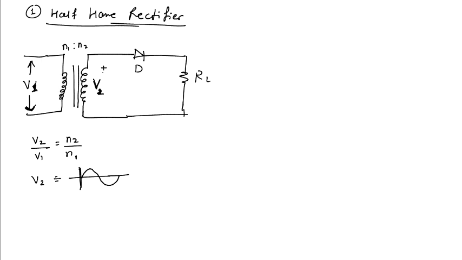When V2 voltage is in its positive half cycle, it is clearly seen that the diode D will be forward biased, and if diode D is forward biased, it will be replaced by a short circuit, and a current will flow through this load resistor RL, which will deliver a voltage V0 across this load resistor RL.